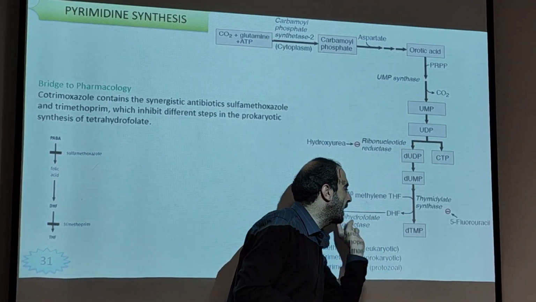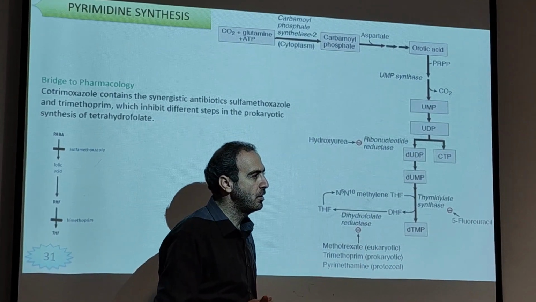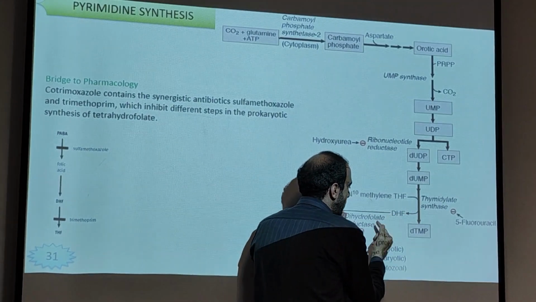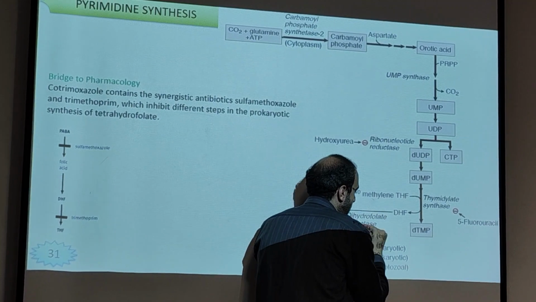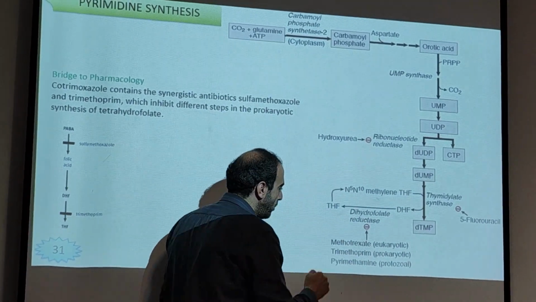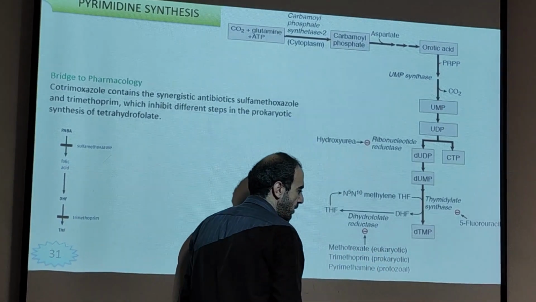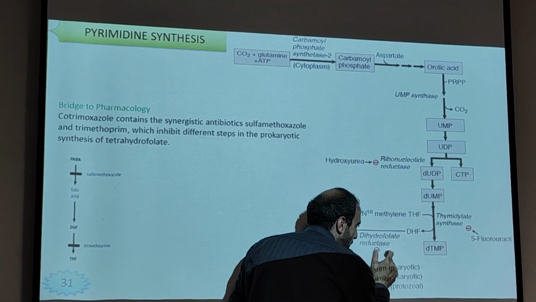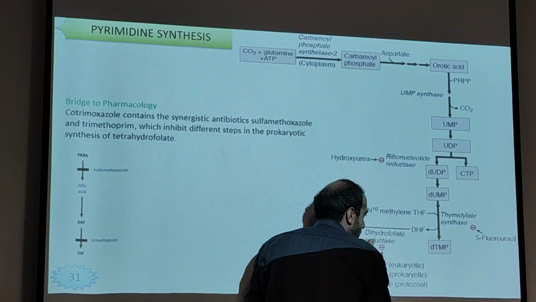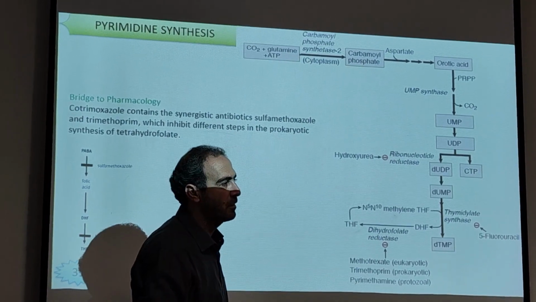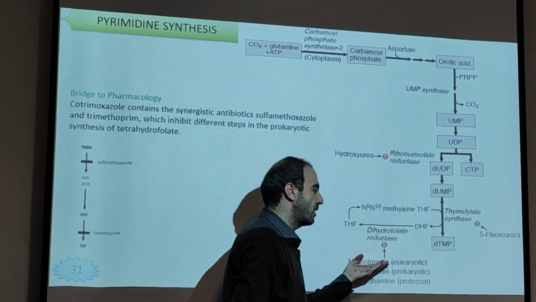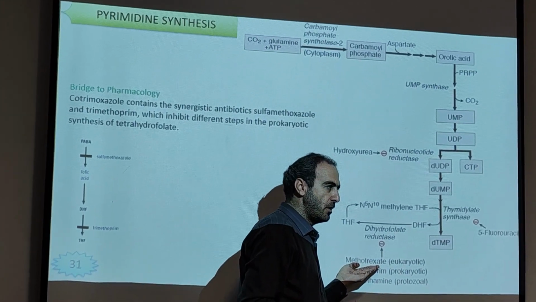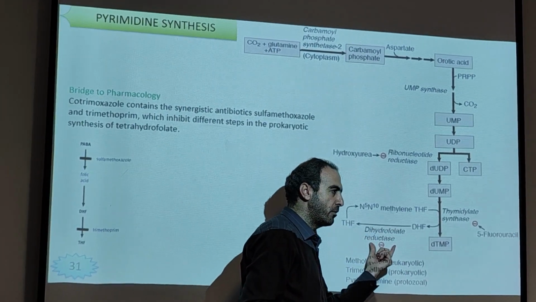It's known as an activation reaction. This activation reaction needs dihydrofolate reductase. And methotrexate in eukaryotes and trimethoprim in prokaryotes inhibit dihydrofolate reductase. So methotrexate, as an anti-cancer or chemotherapy agent, inhibits dihydrofolate reductase.